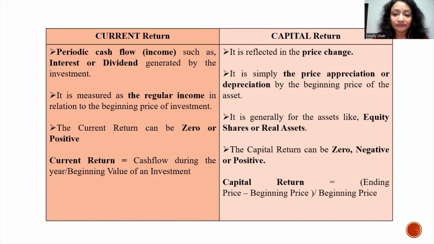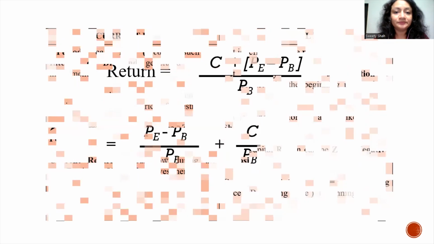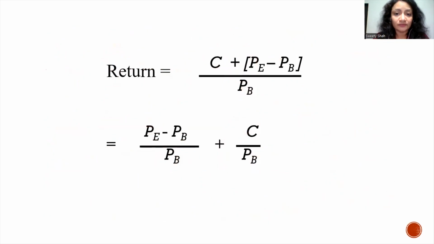The capital return would be either zero, negative, or positive. To calculate the capital return, you first need to calculate the price change in the value of the asset divided by the beginning price. So return is equal to C plus (PE minus PB) upon PB, where C denotes your cash flow, that is your current return in absolute value, and PE minus PB denotes the price change.